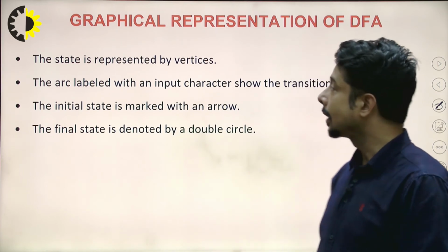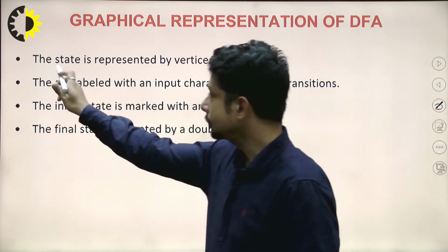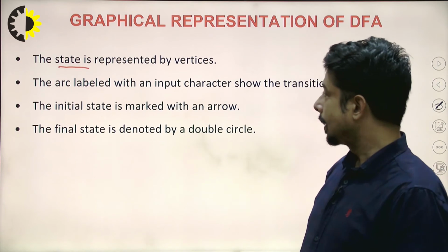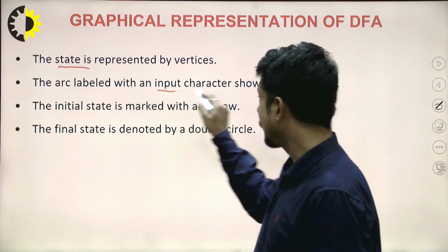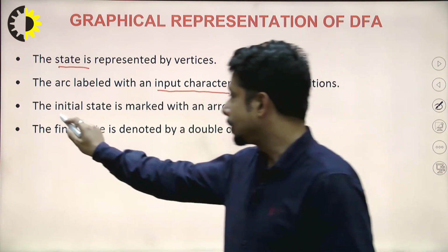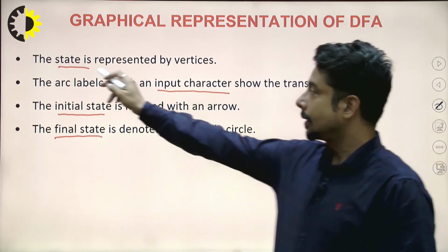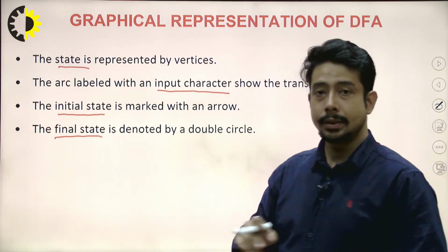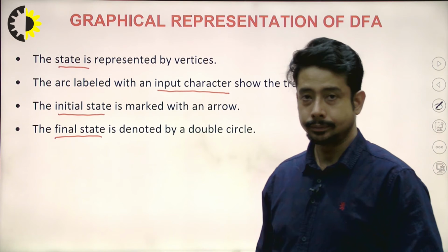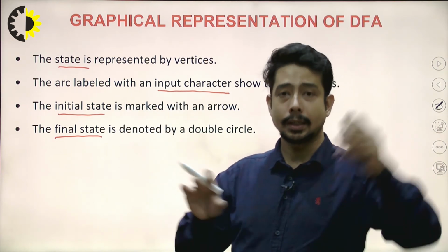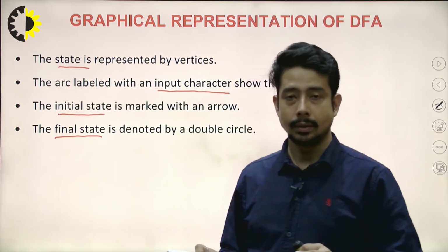For that, we need the help of four things: state, input character, initial state, and final state. A state is represented with the help of a circle, or states are nothing but the vertices of that particular diagram.